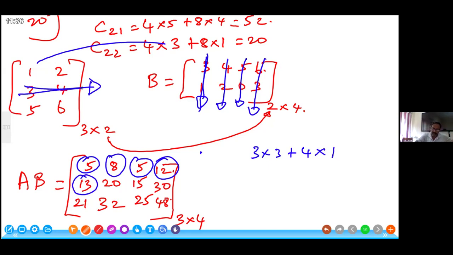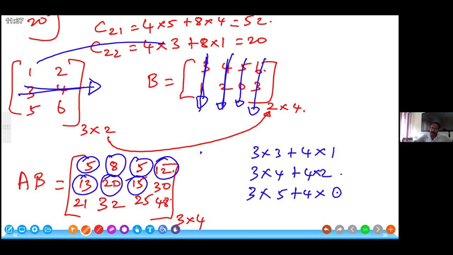Then second row with second column, 3 into 4 plus 4 into 2, that is 20. Then 3 into 5 plus 4 into 0, that is 15.